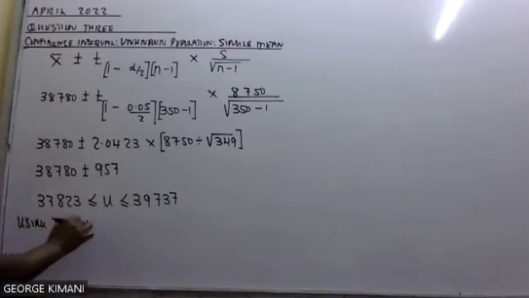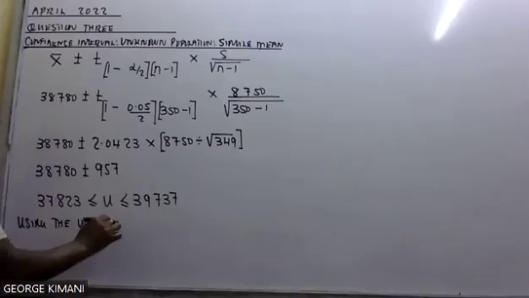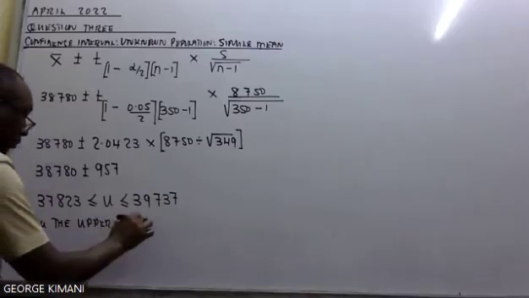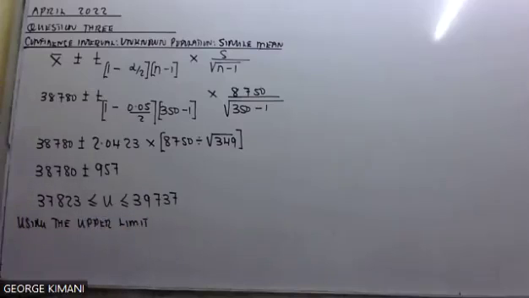Using the upper limit, that is 39,737. How have we arrived at that 39,737?